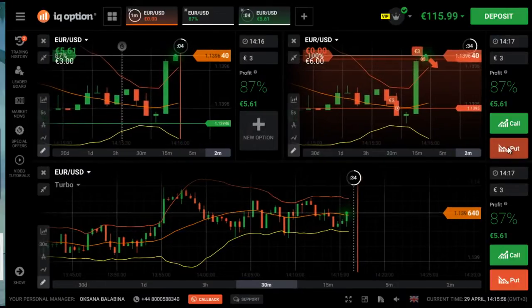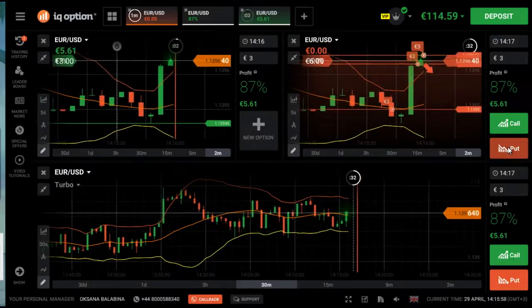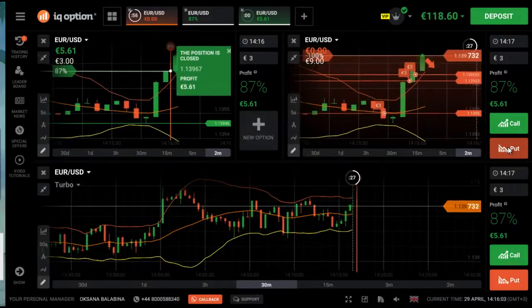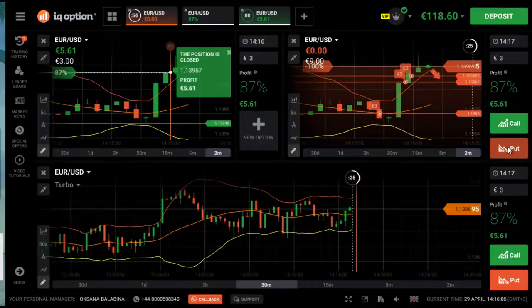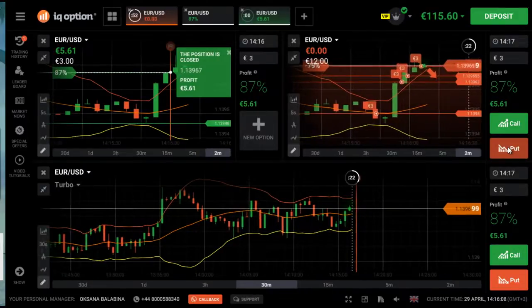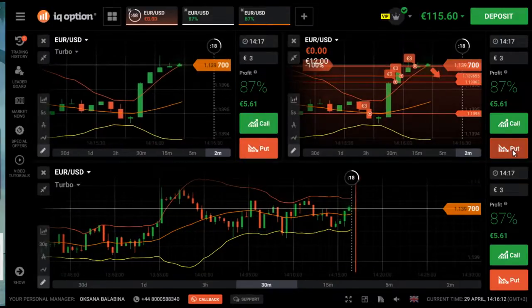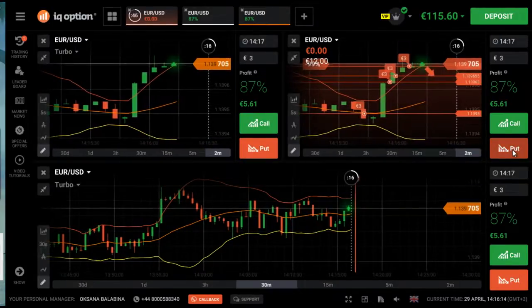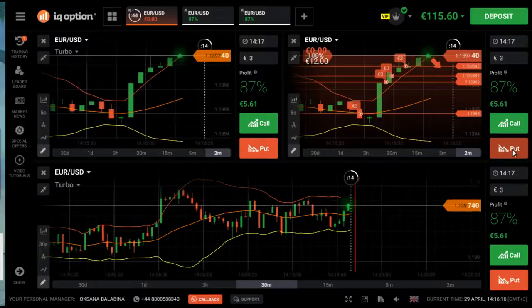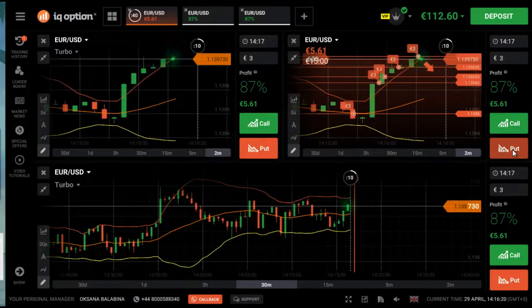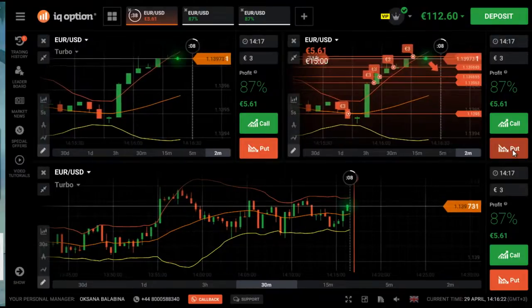Now the first window I won, and the second window I'm going for the reversal.